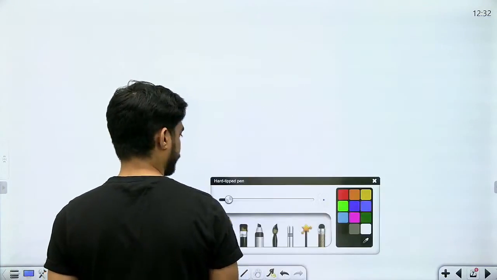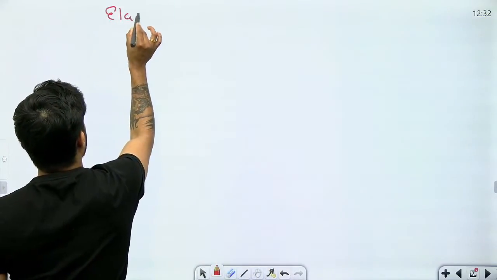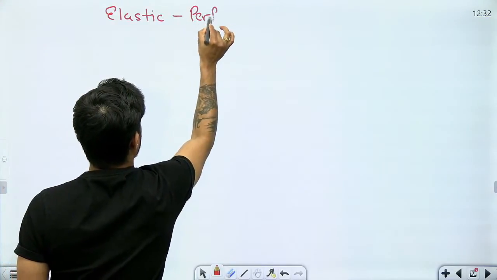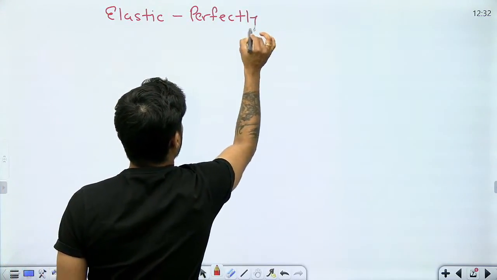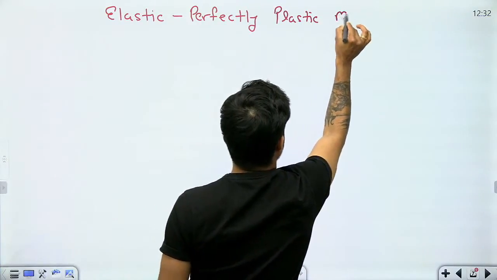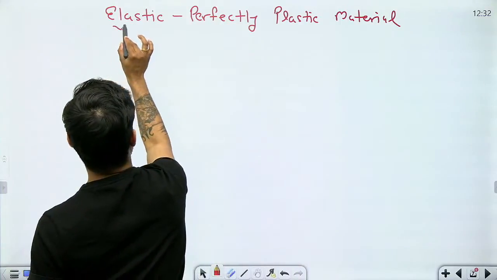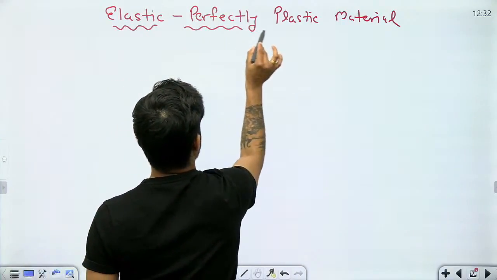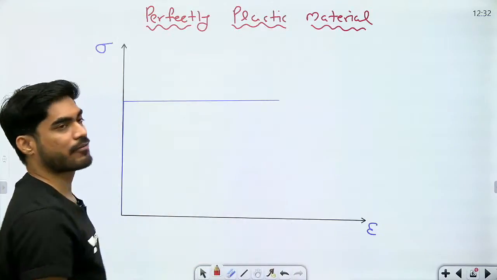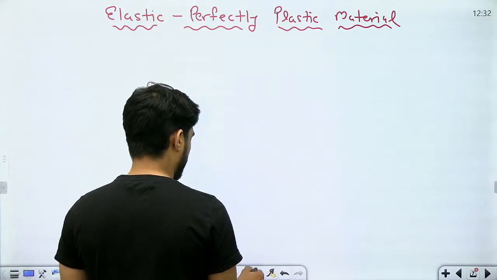Next one is elastic perfectly plastic material. Now what do we mean by elastic perfectly plastic? Understand, this is rigid perfectly plastic. What will be elastic perfectly plastic?